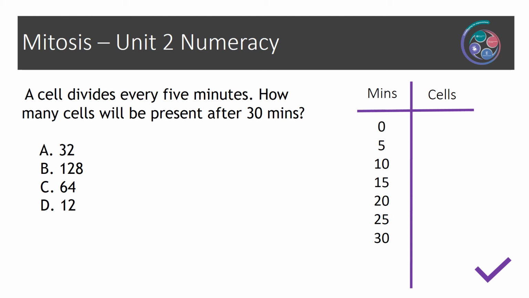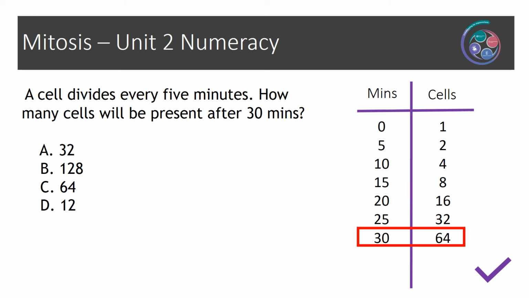I know where to stop because the question has told me how many cells will be present after 30 minutes. So I go up in 5 minutes, 10, 15, 20, 25, and I stop at 30. On the other side, I would start off with one cell and I would double my answer after every 5 minutes. I would have 1, 2, 4, 8, 16, 32, and 64 cells.